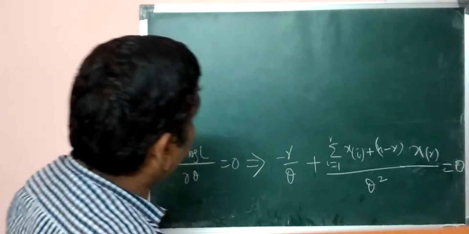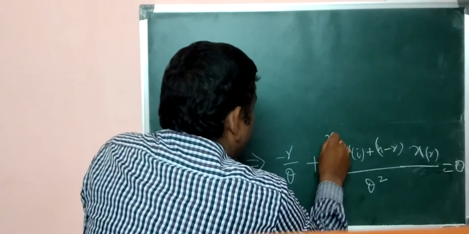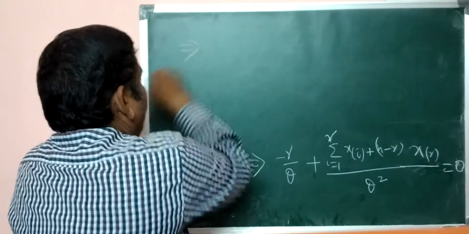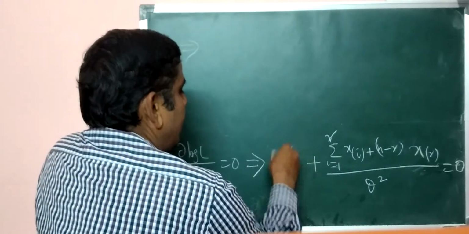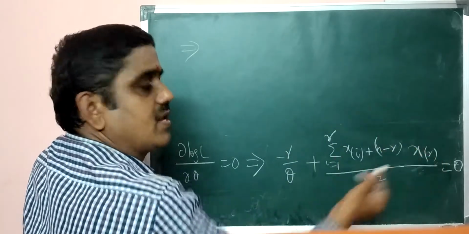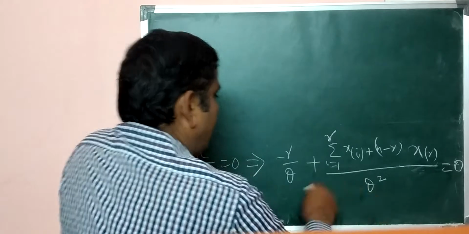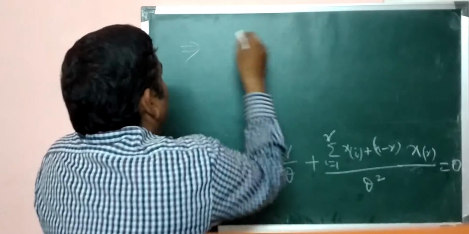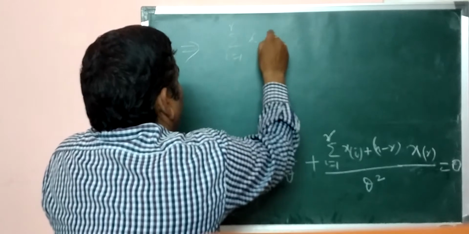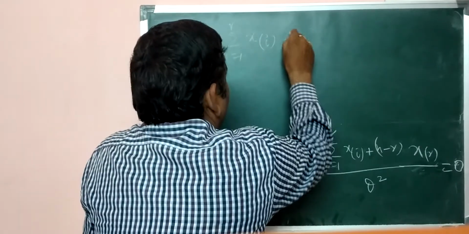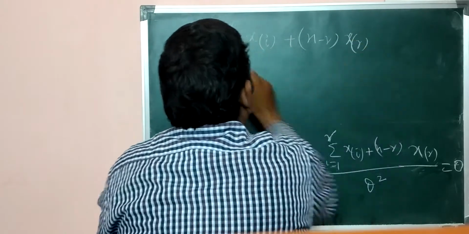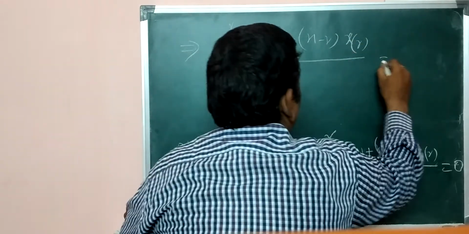Now you consider the part, the summation i equals 1 to r. If you take this term to the right hand side, the minus term becomes plus. I have cancelled one theta, so that summation i equals 1 to r of xi plus (n minus r) into xr divided by theta is equivalent to r.